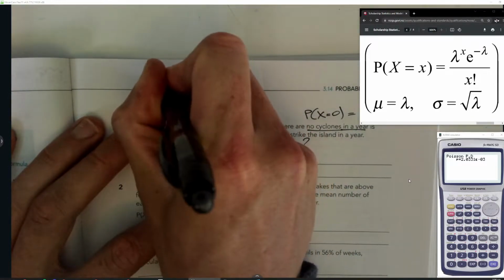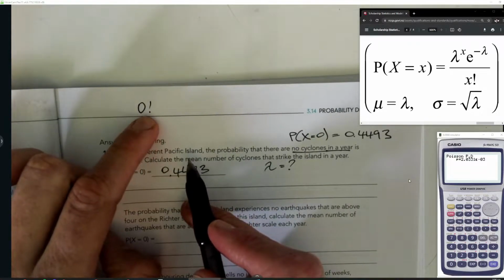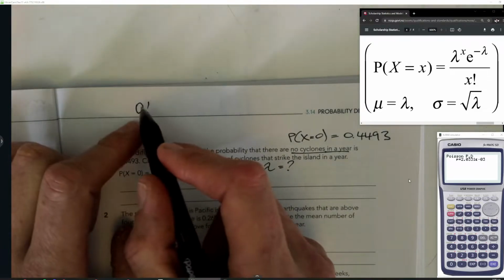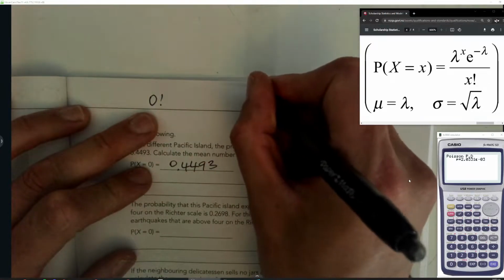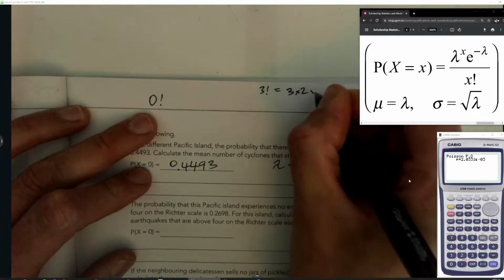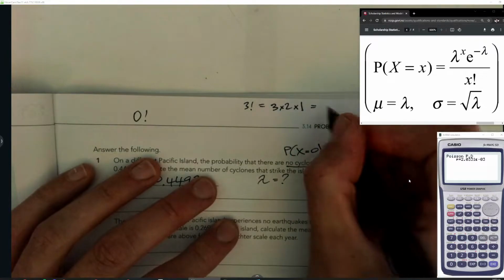The two facts are this. 0 factorial. What the heck does factorial mean? Factorial just means you multiply the number down. I'll just show you an example. 3 factorial is equal to 3 times 2 times 1. So you just multiply down until you get to 1.